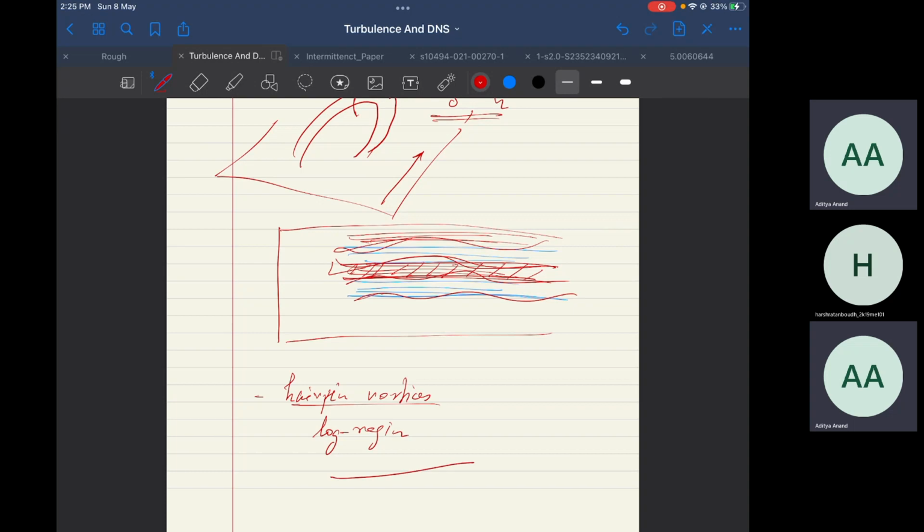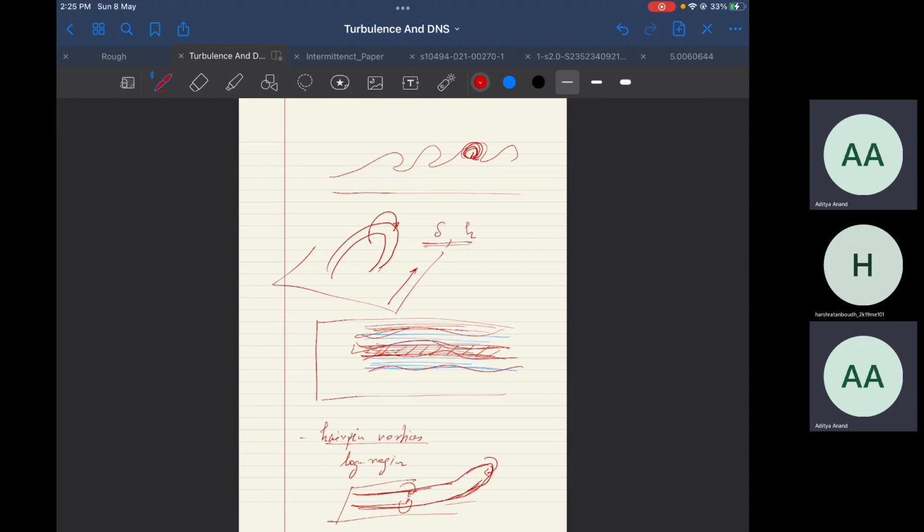They have long legs, and they have a head which rises from the wall. If this is the wall, these legs are closer to the wall and their head is lifted away from the wall, and they also have a vertical motion to them. So there are these hairpin vortices as well.